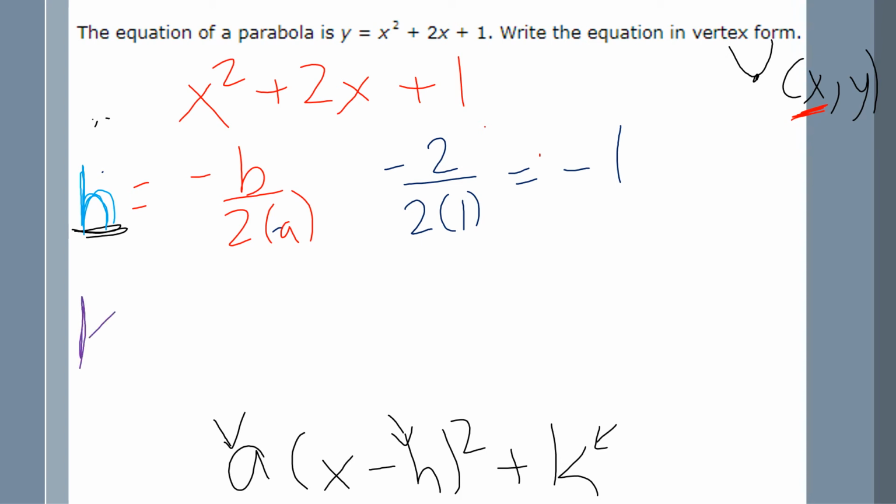All right, let's do k. And again, all I'm going to do is plug in everything into this. Everything's going to get plugged in right there. And again, the h is the x, k is my y. So let's talk about k.